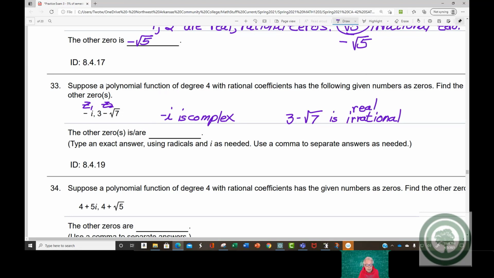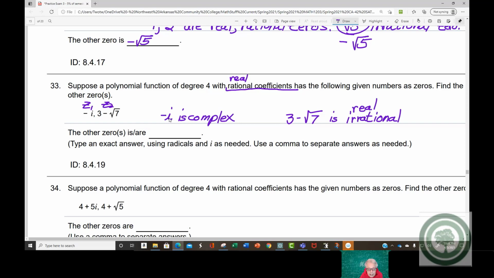However, they stipulate that you're going to have rational coefficients, which means you're going to have real coefficients. So if you're going to have real and rational coefficients, you cannot just have these zeros. They have to be accompanied by their conjugates.